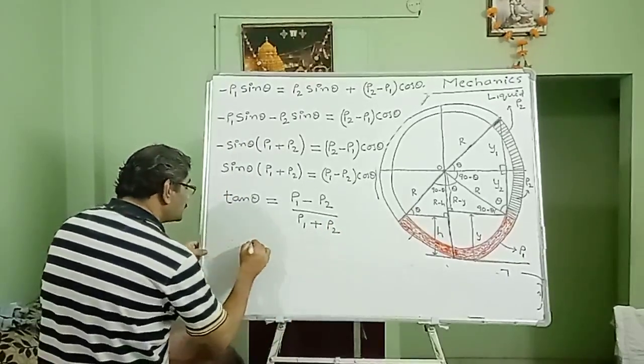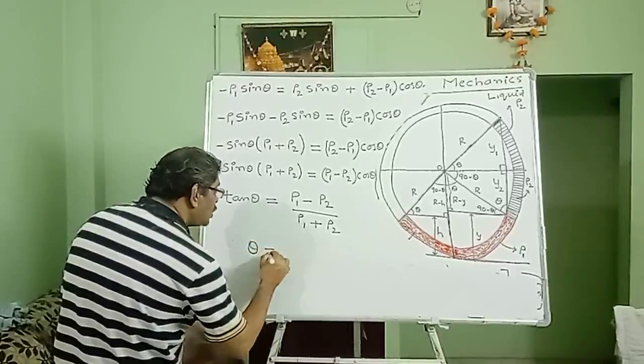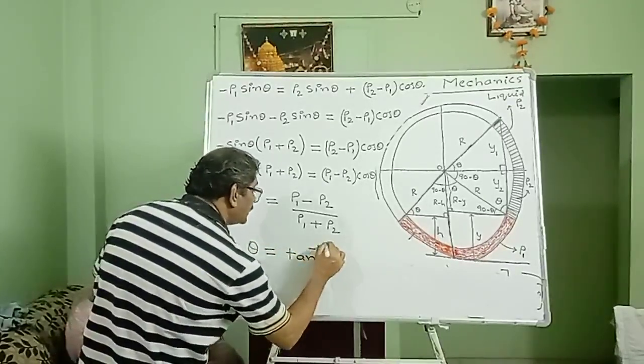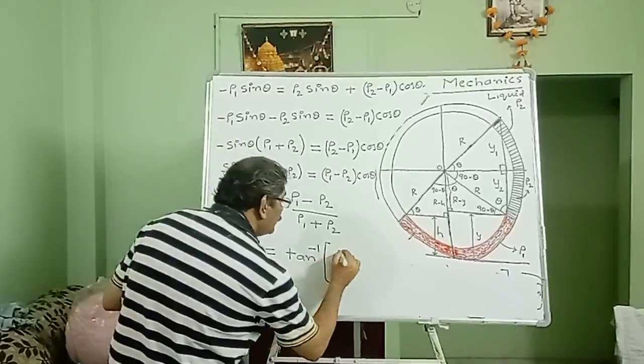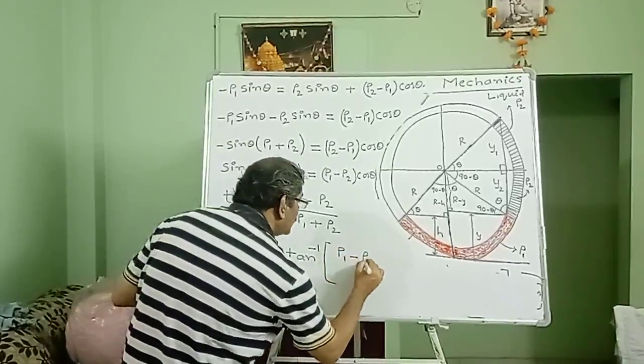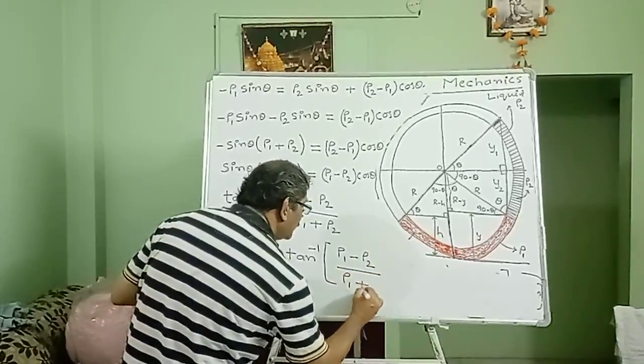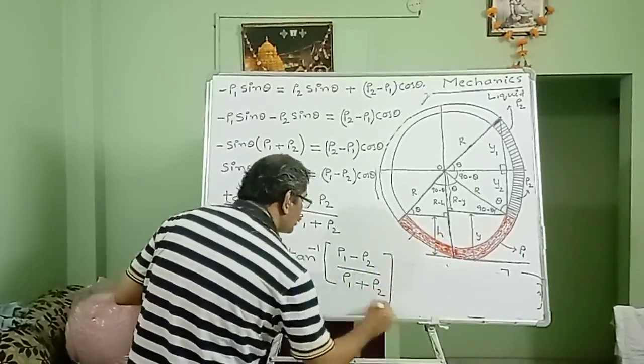So therefore the angle theta will be numerically equal to tan inverse of rho 1 minus rho 2 whole divided by rho 1 plus rho 2.